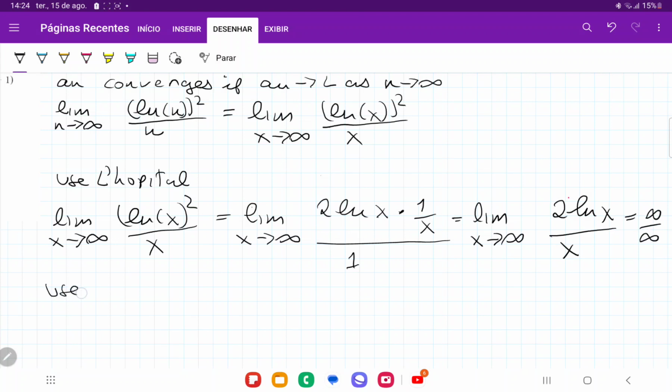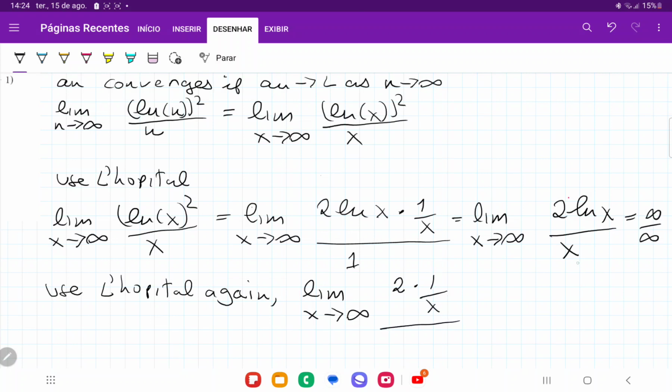So we take the derivative of the guy on top and the derivative of the guy on the bottom once more. The derivative of 2 ln x is 2 times 1 over x, divided by the derivative of the guy on the bottom, which is just 1, right?